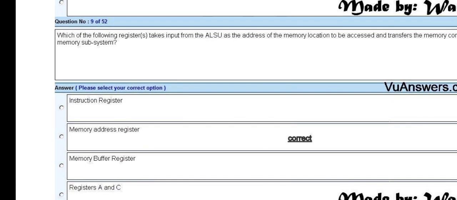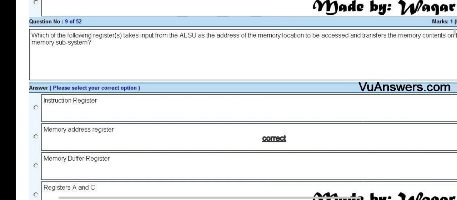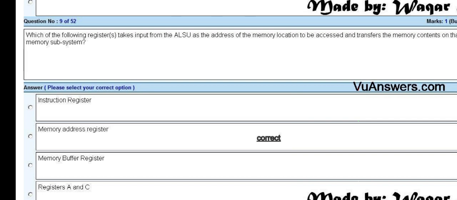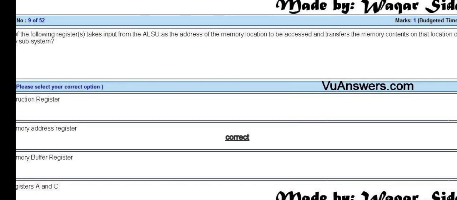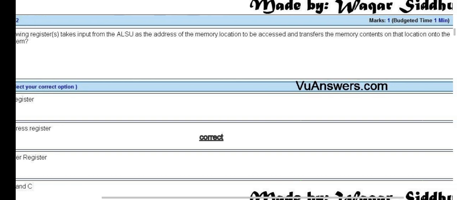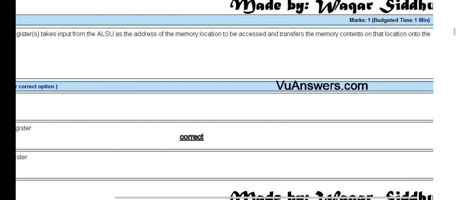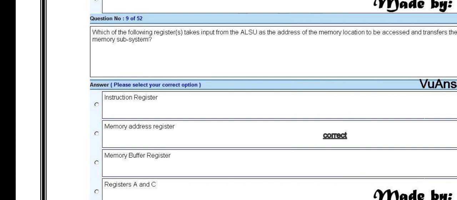Which of the following registers takes input from the ALU as the address of the memory location to be accessed and transfers the memory contents of that location onto the memory subsystem? Memory address register.